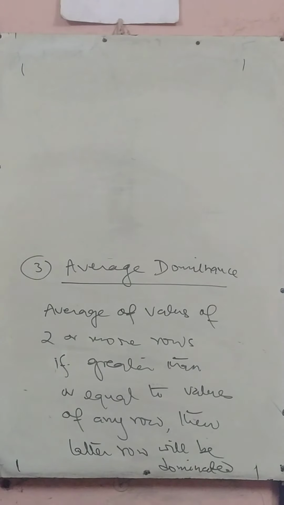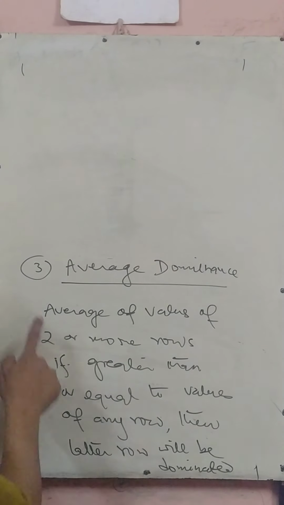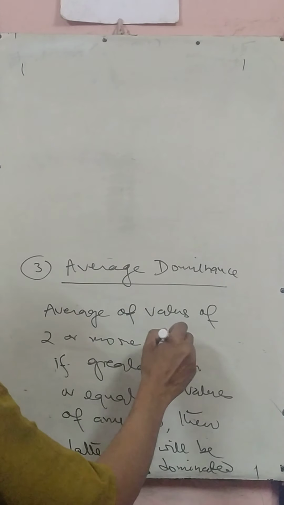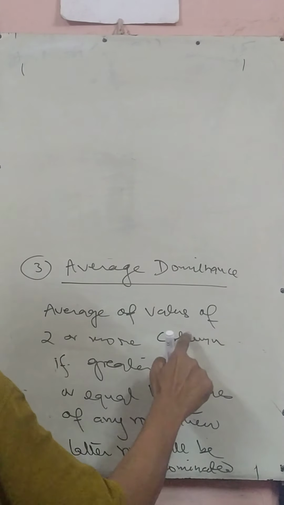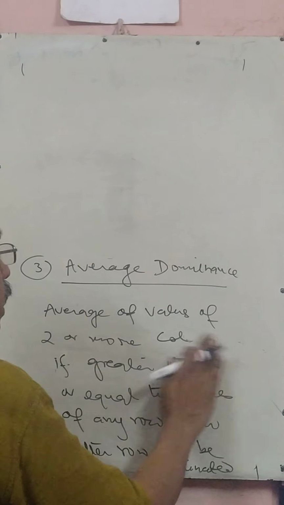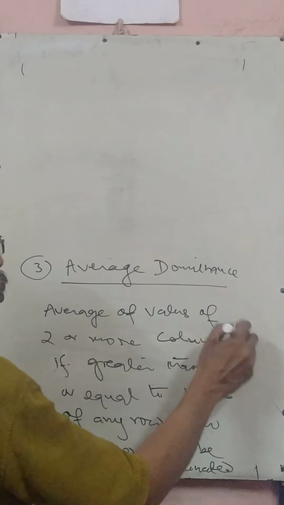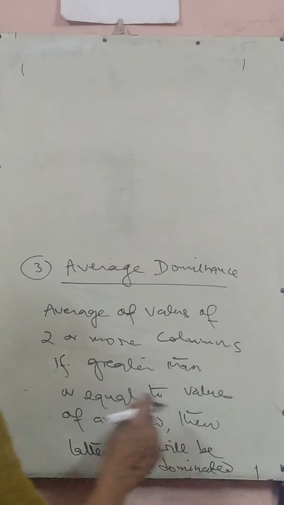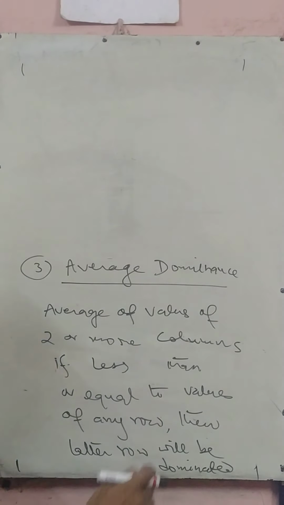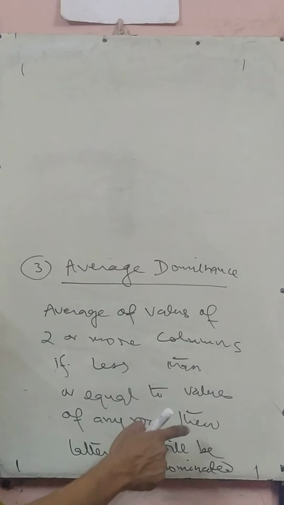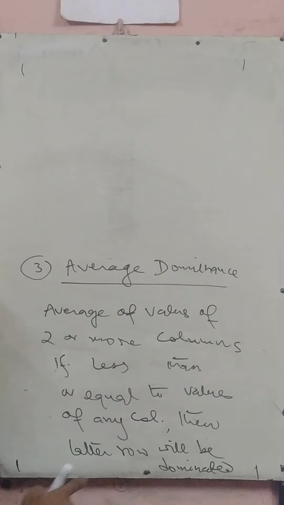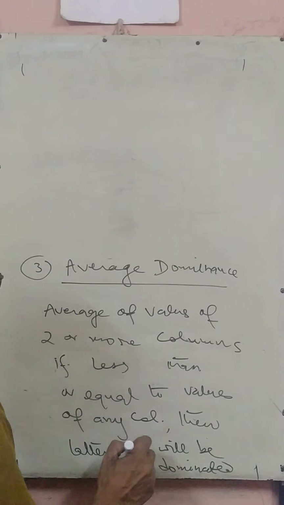The reverse concept will apply in the case of columns, that means the average of 2 or more columns. In the case of columns, we always think about the losses. If the average is less than or equal to the corresponding values of any other column, then the latter column will be deleted, that means dominated.